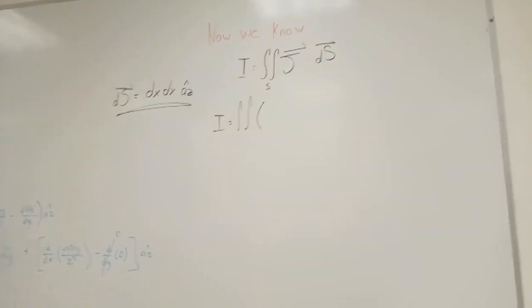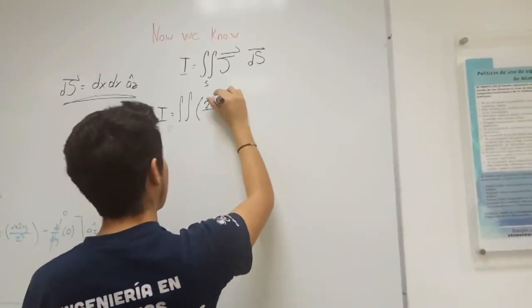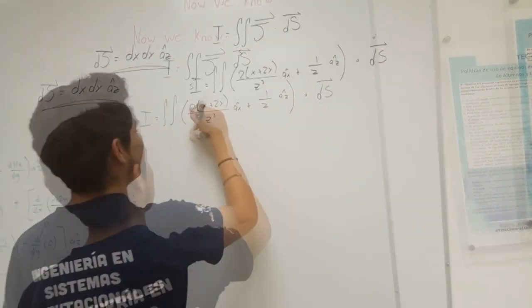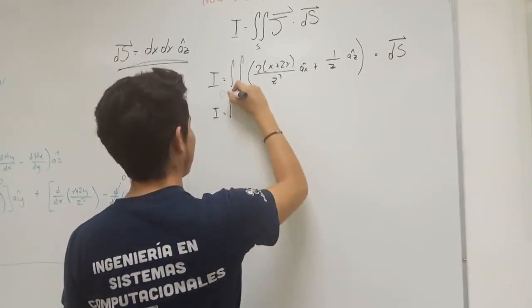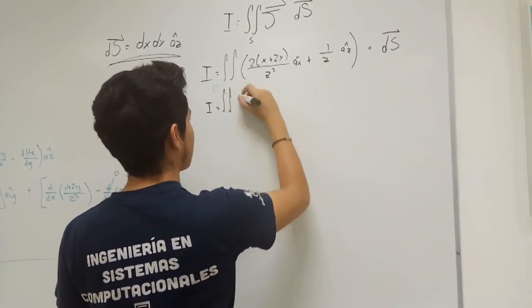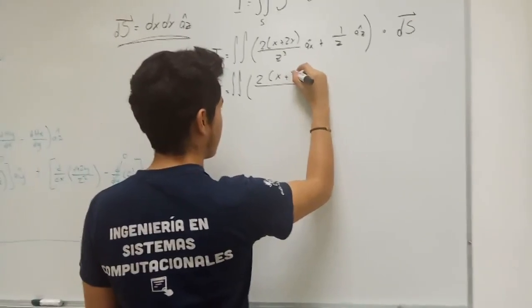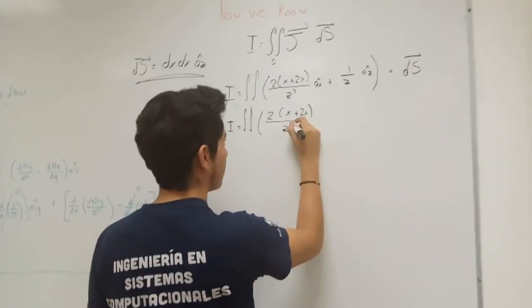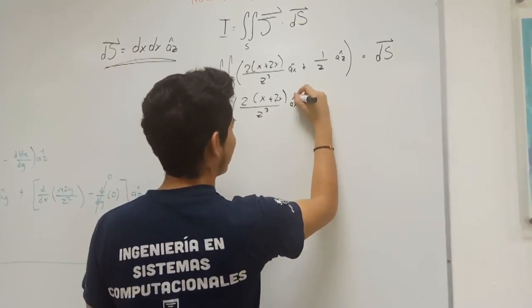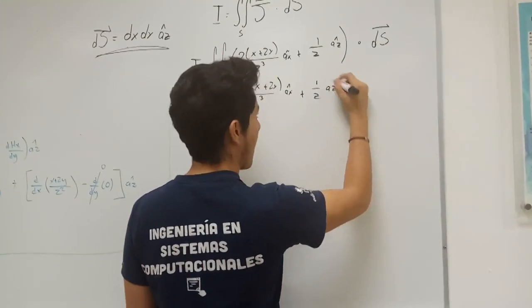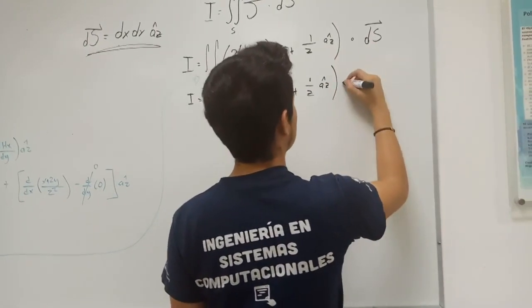So, first, we have to substitute into the formula the values of current density and dS. As a pro tip, it's good practice to also put the directions of each component in the equation before solving it, because then we know which components need to become 0 and which ones we integrate.